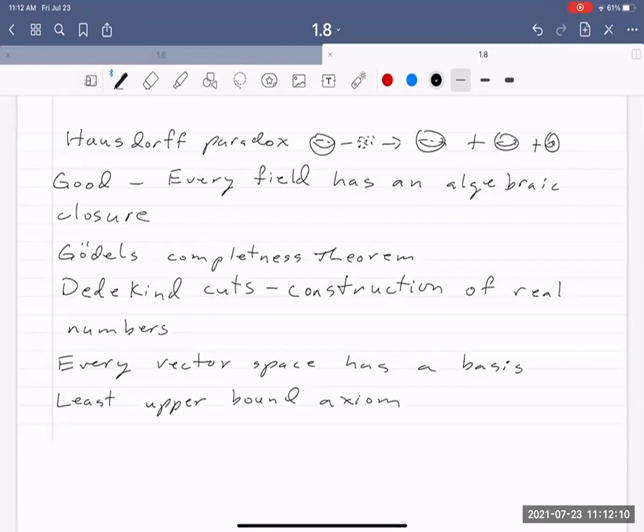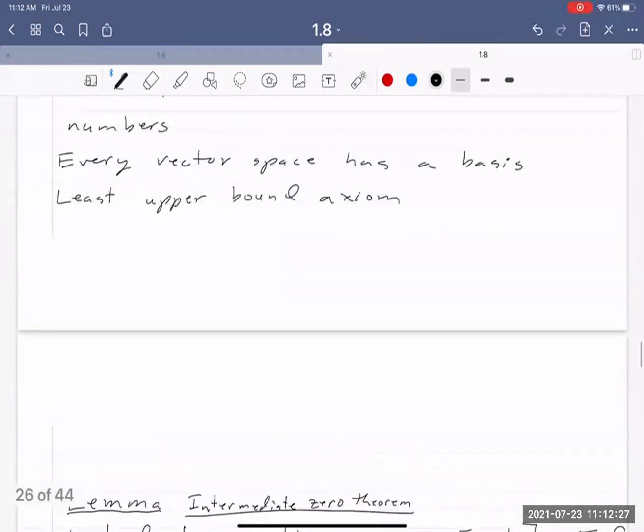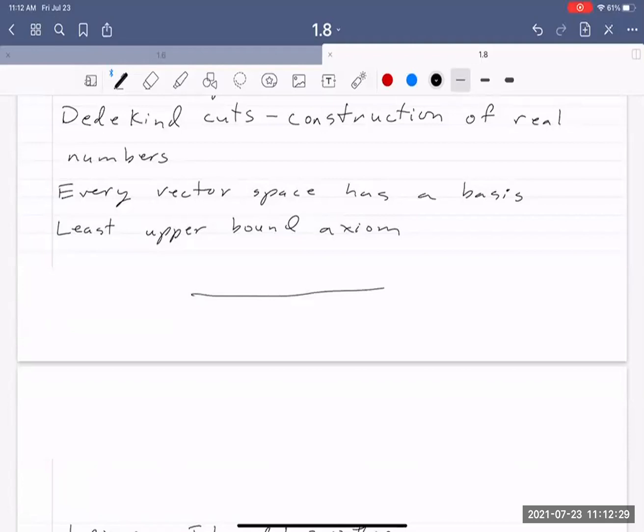Next, every vector space has a basis. And next, the least upper bound axiom, the least upper bound principle. It says that every set in the real line that has, let's say, an upper bound, has a least upper bound. Now, that's not true for things like rational numbers.